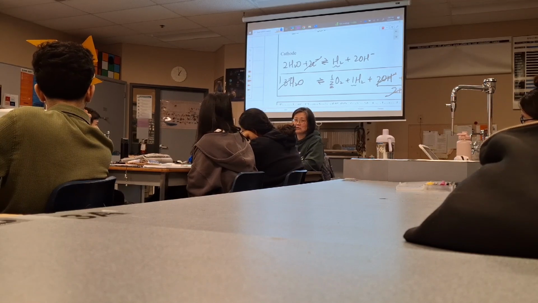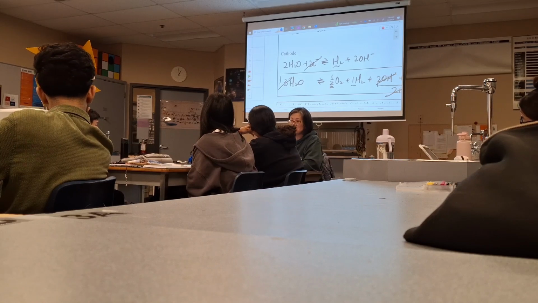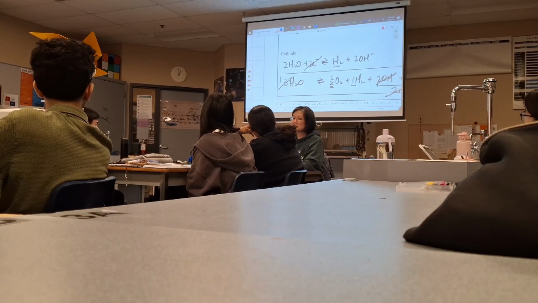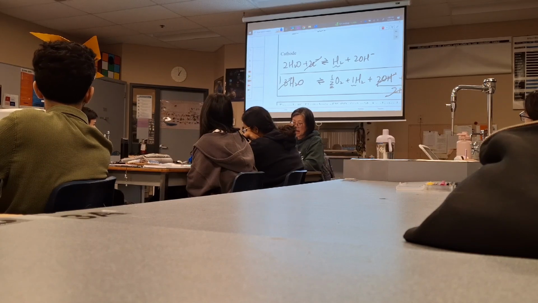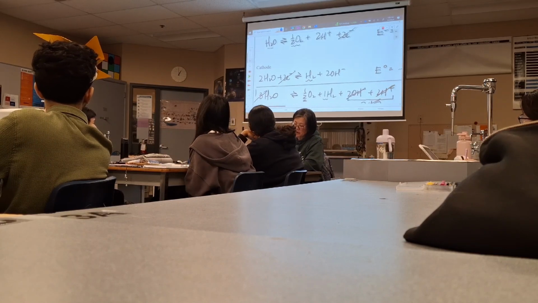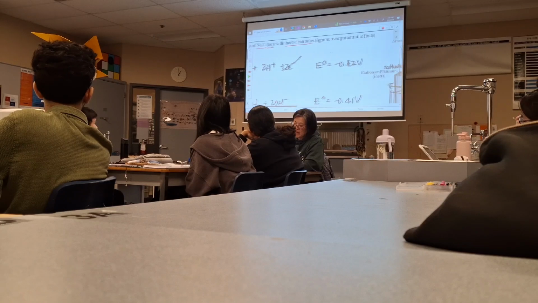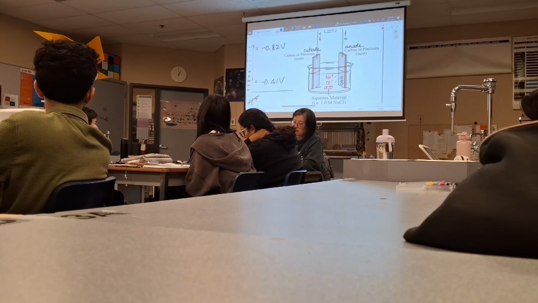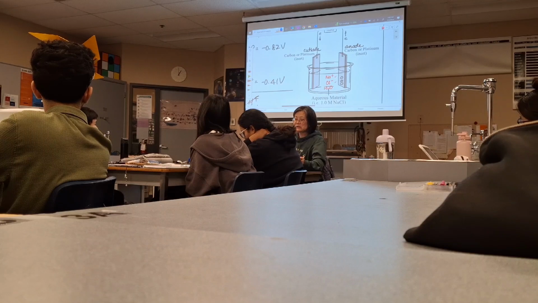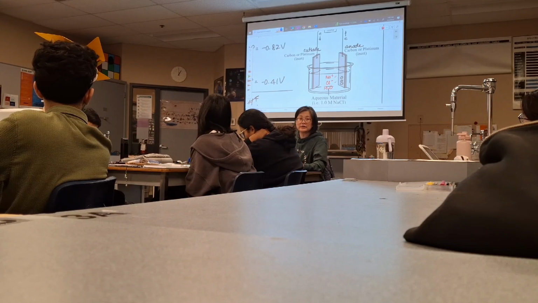Do you see the coefficient 1/2 for the oxygen and a 1 for the hydrogen? What does that tell you about the amount of oxygen compared to the hydrogen? It's half as much. So therefore, if I was to take a look at the anode and I have 3 bubbles of gas that forms, what should you expect to see at the cathode side?